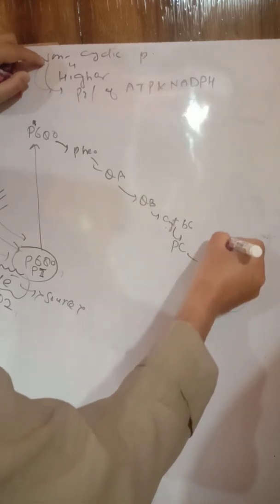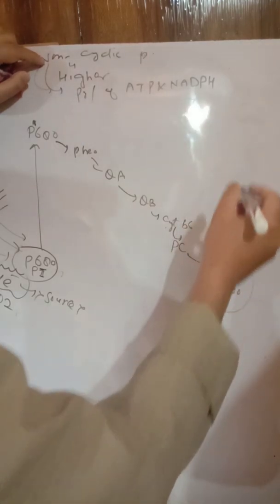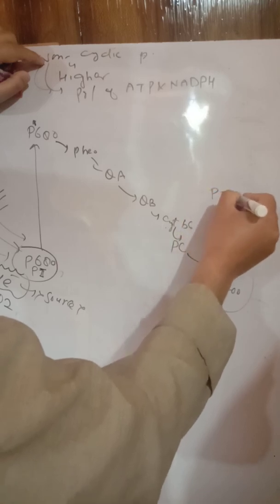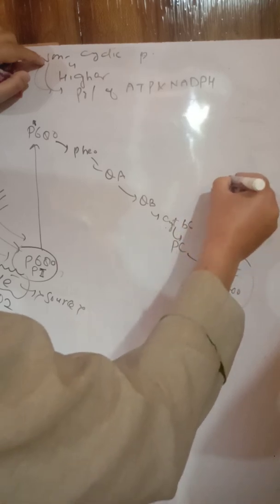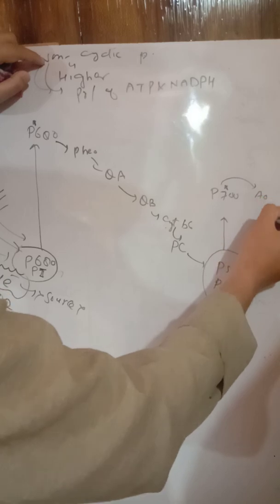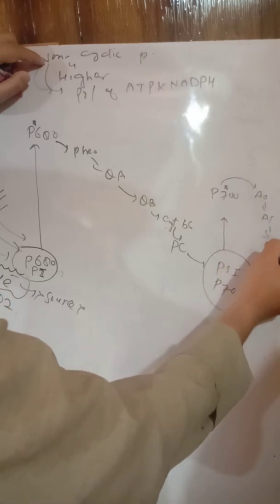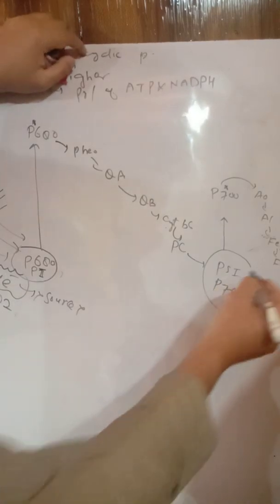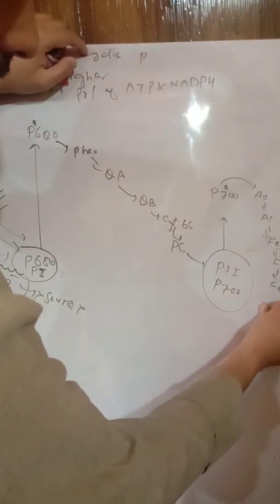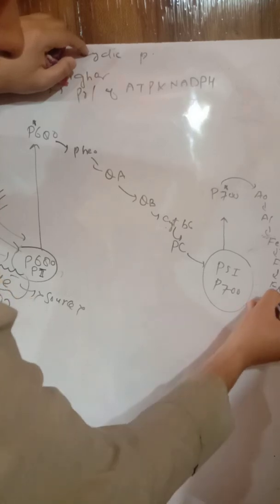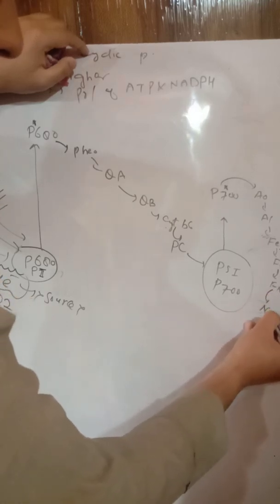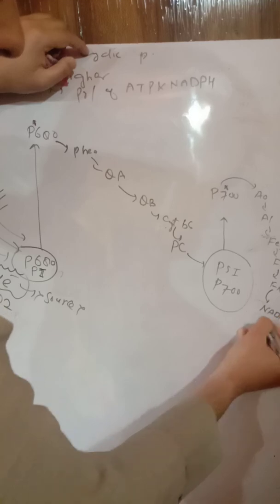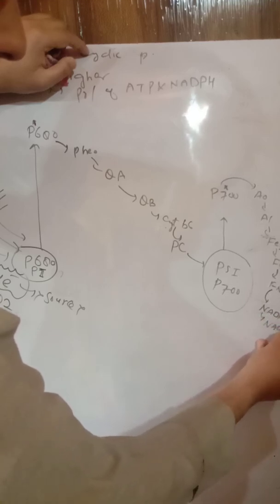Then P700 excited transports electron to A0, then A1, then iron sulfur protein, then pyridoxine, then FNR, and ultimately to NADP, then NADPH.